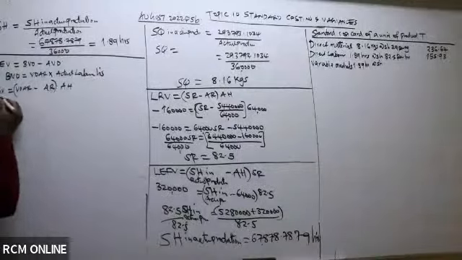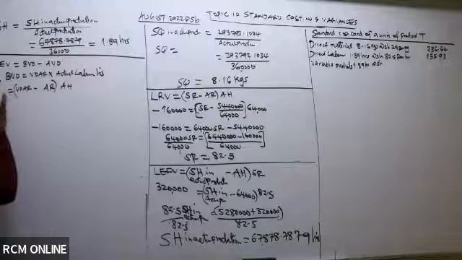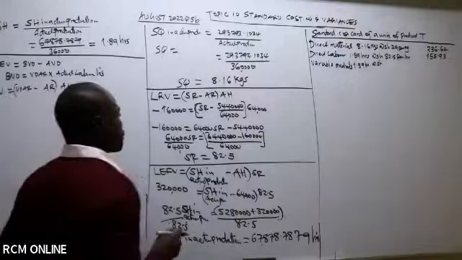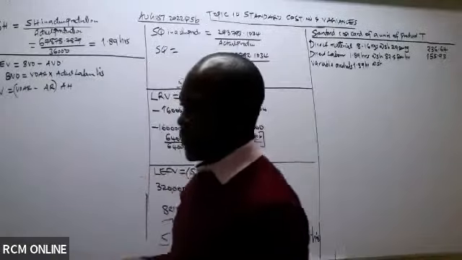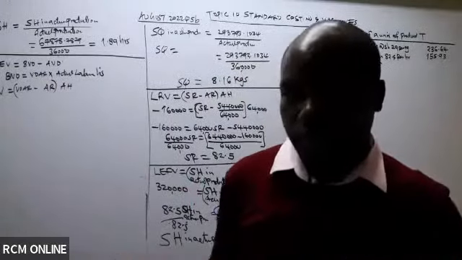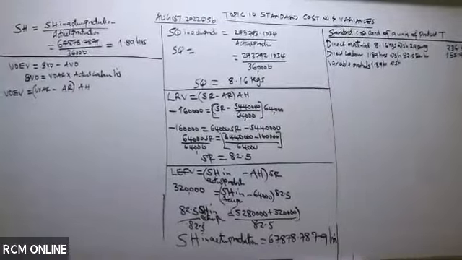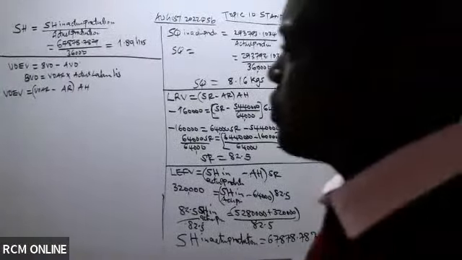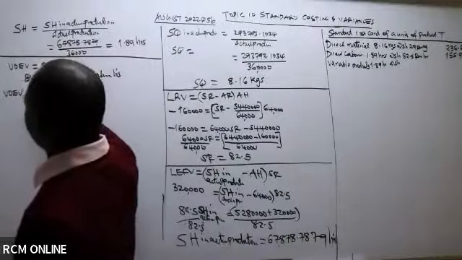So let's see. Variable overhead expenditure variance is the same thing. In short, if a question is given to you, in our previous question, you were having budgeted variable overhead, or you were able to get it, right?